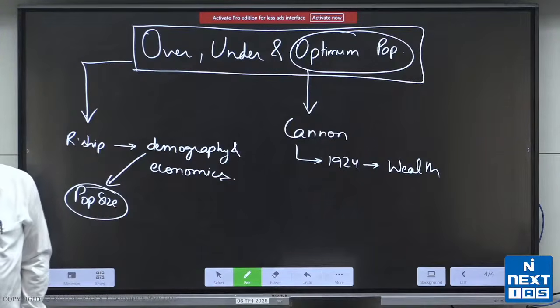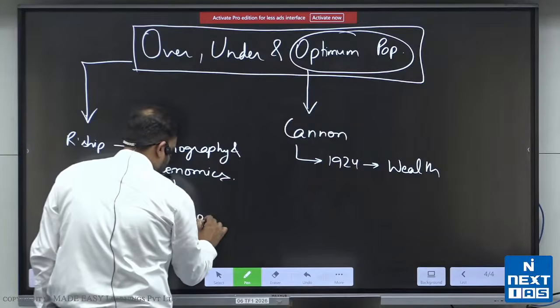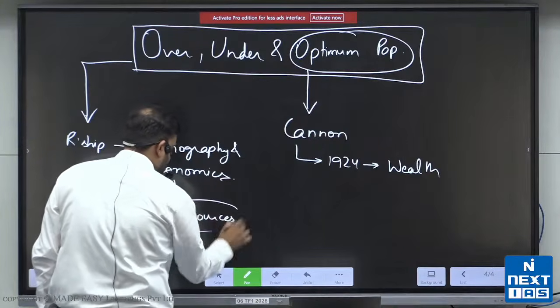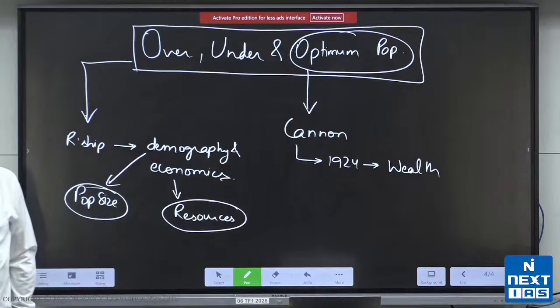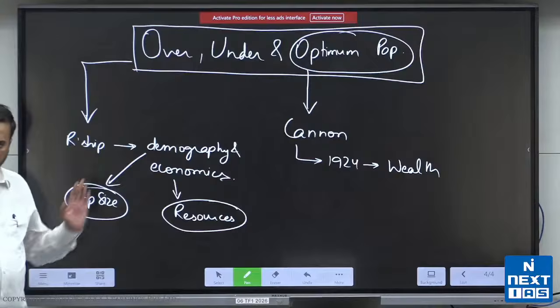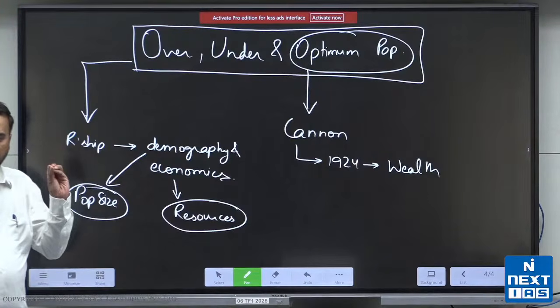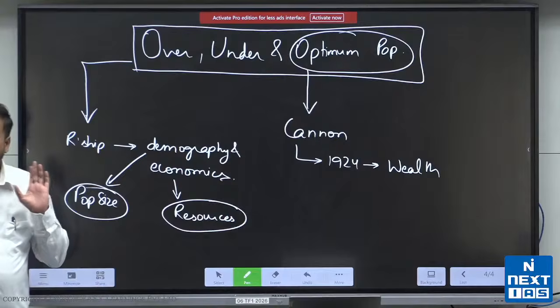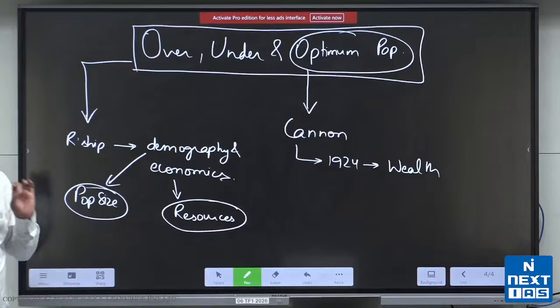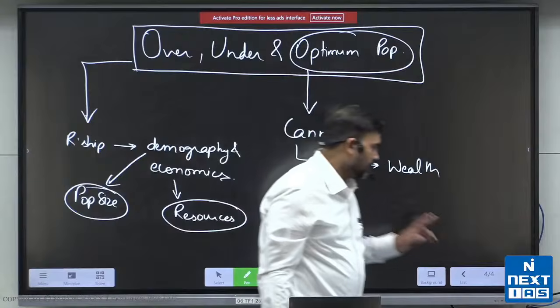And economics, we are talking about resources. So the most important thing about these concepts is that they are measuring this relationship. They are measuring standard of living. They are measures of standard of living.